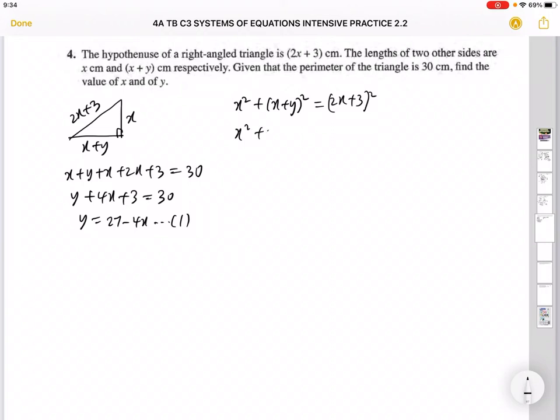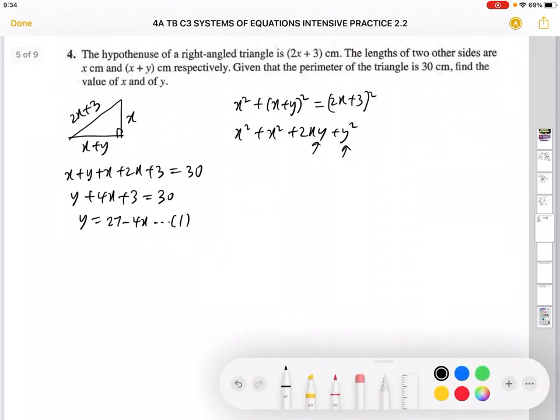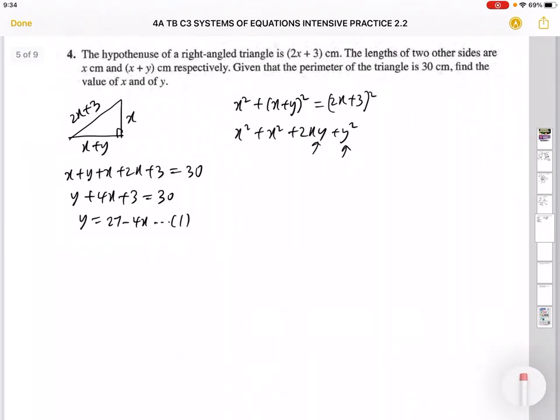I know a lot of people would just expand first, or you can do that. If I expand at this stage, I will have to substitute y twice, right? So I'm thinking maybe it's better we substitute first before we expand. Yeah, could be easier, right? So this is my equation number 2. So I'm going to sub equation 1 in 2.